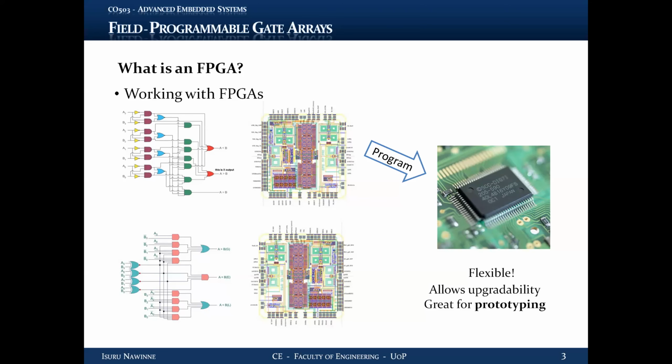Because of the programmability, you are losing a certain amount of performance compared to integrated circuits, but you still have a lot better performance compared to programmable computer chips. Right? Okay. I hope the concepts are clear.